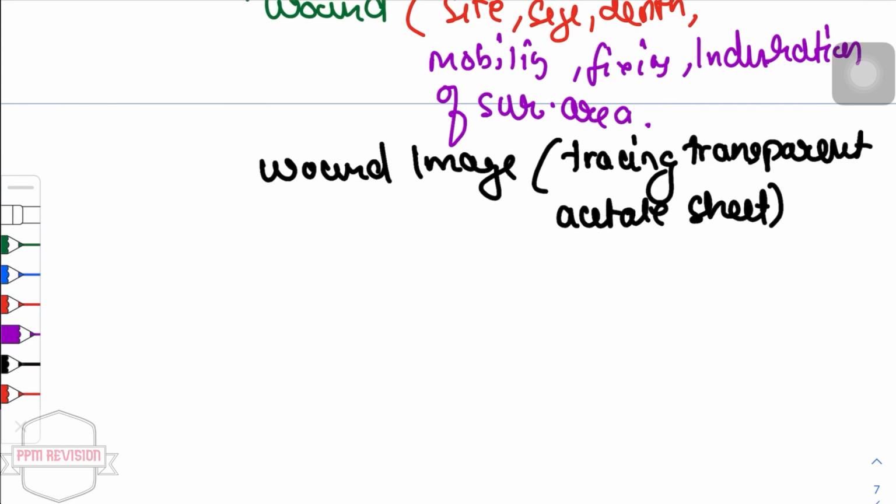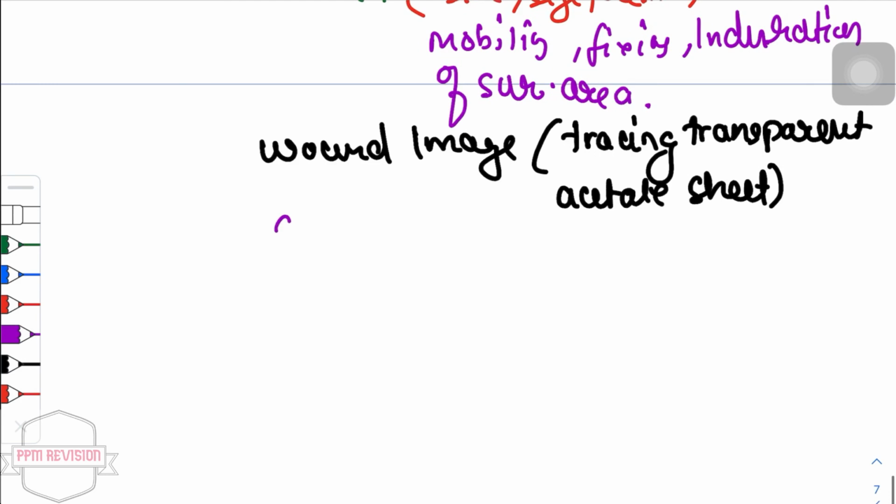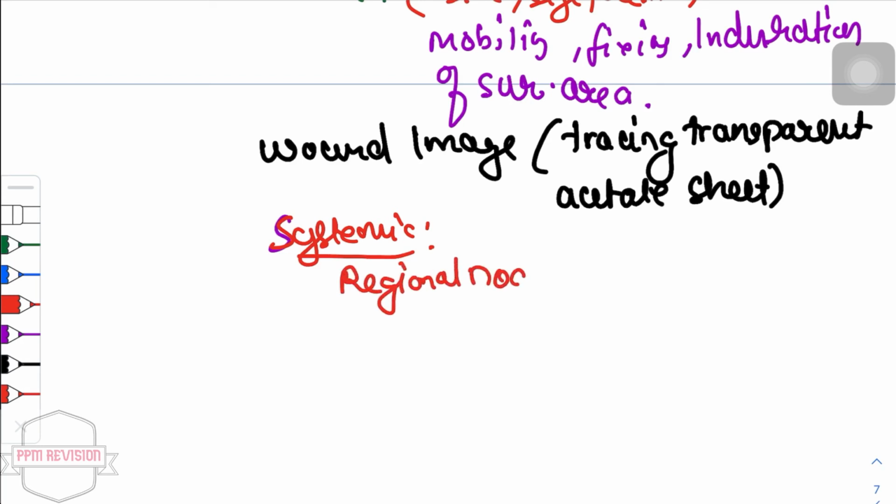Next, looking at other systemic features, we check the regional nodal status.